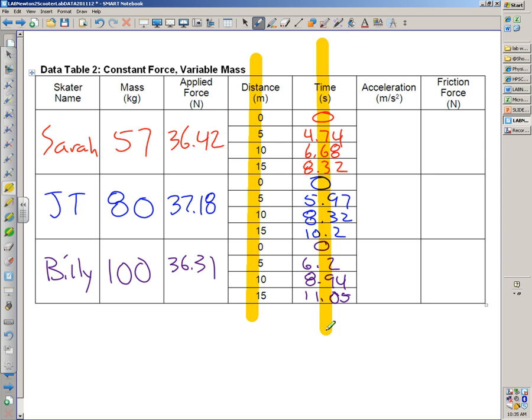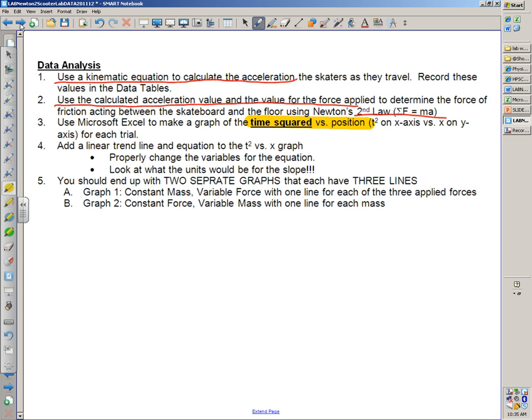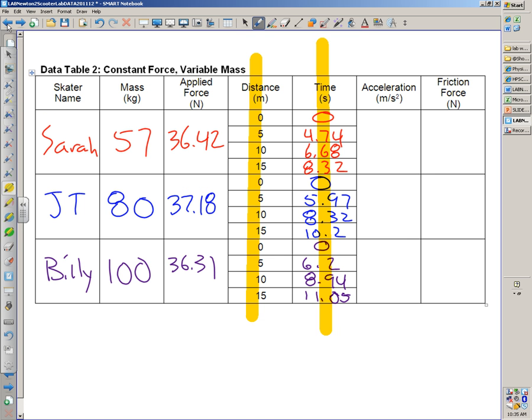But you're not going to make a graph out of these distances and times. You're going to make a graph out of distance or position and time squared. So either you have to set up Excel to do this, or you have to manually calculate what all of these values squared is. Does that make sense?